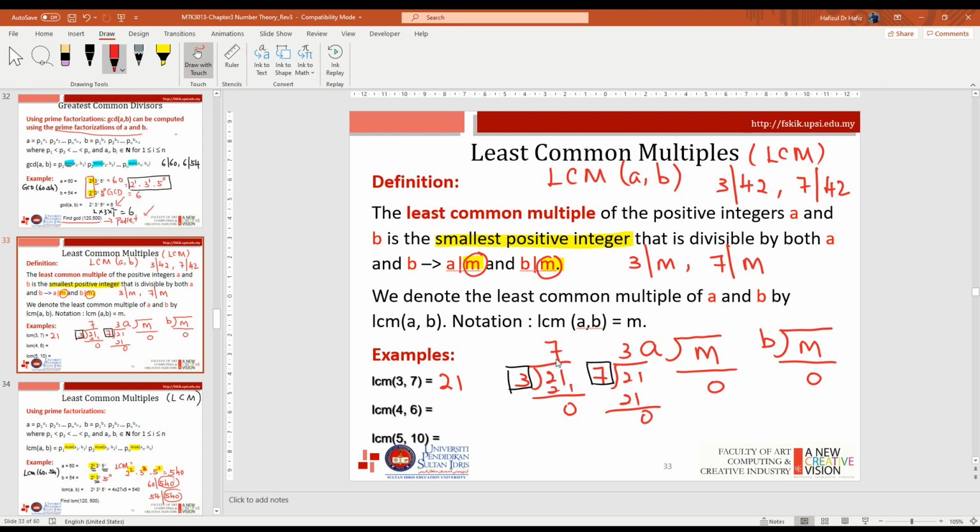We have 3 and 7, the least common multiple. Okay, for the 4 and 6. Okay, and 5 and 10. Okay, 4 and 6. We got 2.